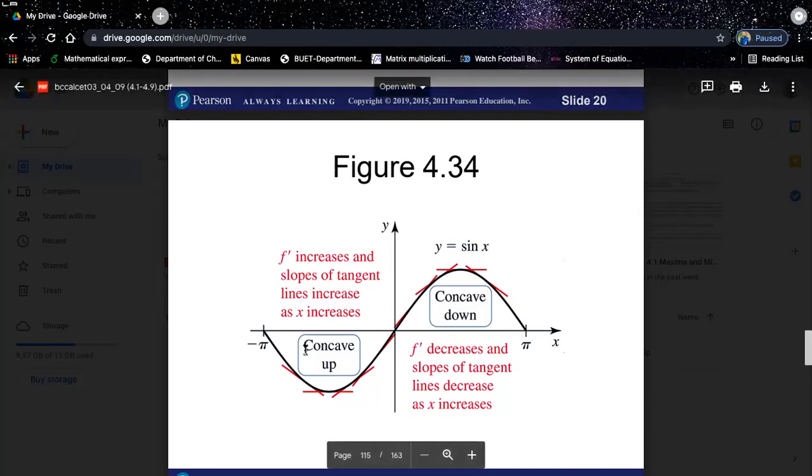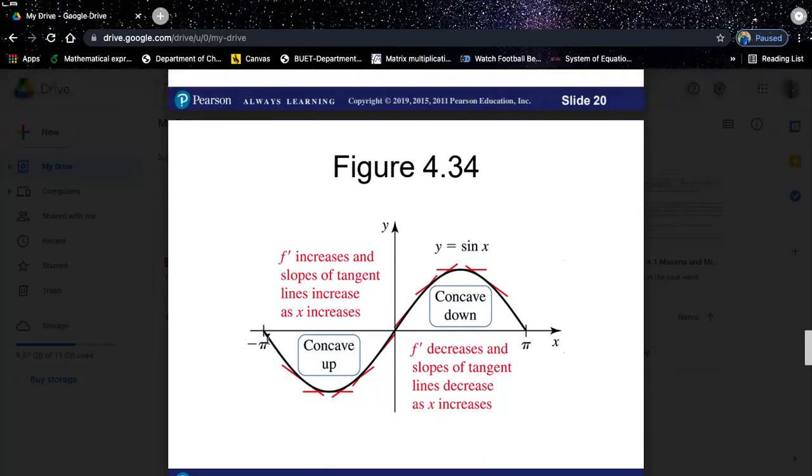First of all, if we look at this part before the local minimum, you can see the derivative is negative, right? And then after the minimum point, the derivative starts getting positive, right? So the first derivative increases, right?